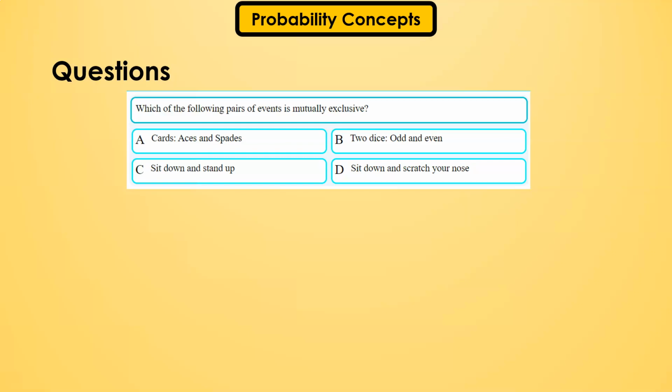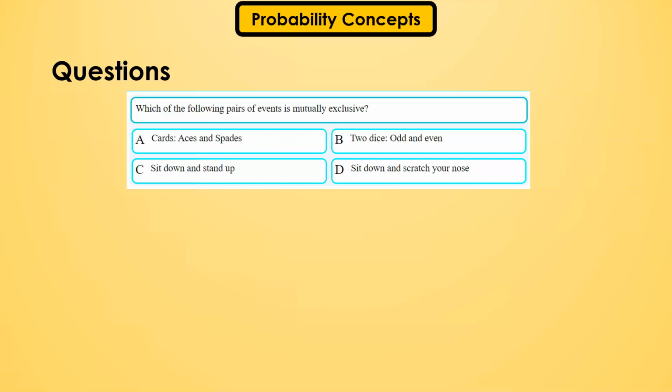Cards: ace and spades. The big question you've got to ask yourself is, is it possible to select a card that is an ace and a spade? Well, no, you can't. It's either an ace or a spade, not both.